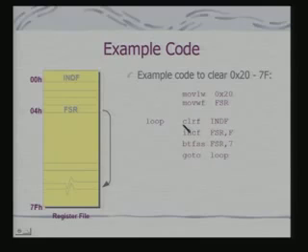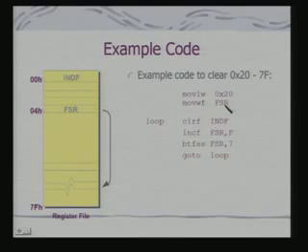We want to clear the locations from this to this. And how will this take place? It will take place because I am clearing INDF. INDF is an indirect addressing register. That means when I am trying to clear INDF, it essentially means that the register memory location pointed to by FSR should get cleared.